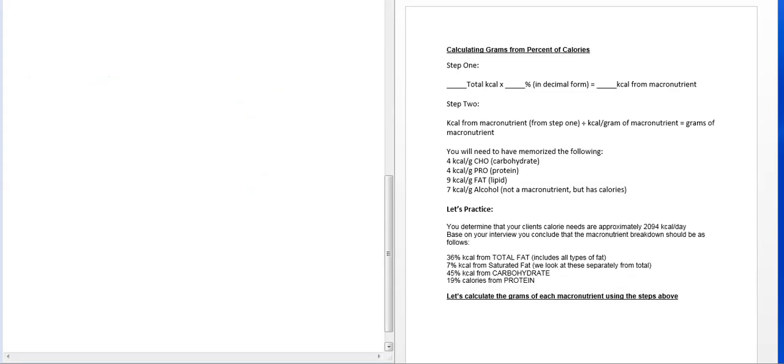Lastly, let's do protein. So you should be rolling along easily with this. 2,094 times 0.19 is 397.86 calories from protein.